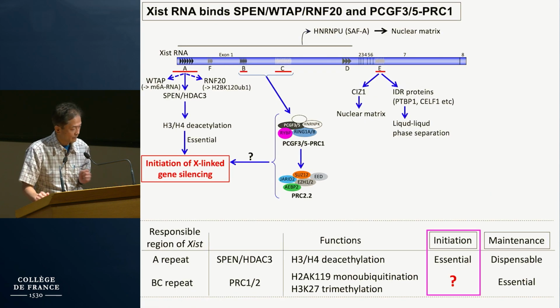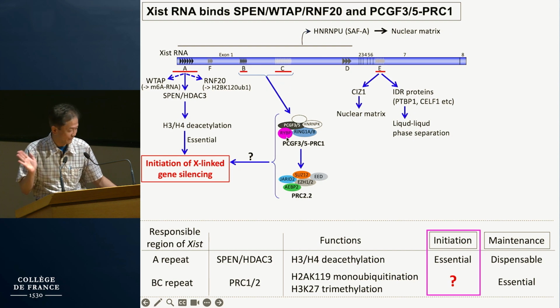In terms of Xist RNA, we now know that many conserved regions of Xist RNA bind to many proteins. Here I would like to focus on the B and C repeat, which binds to PCGF3/5-PRC1 thanks to Neil.